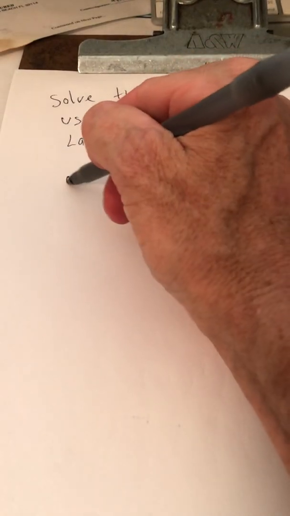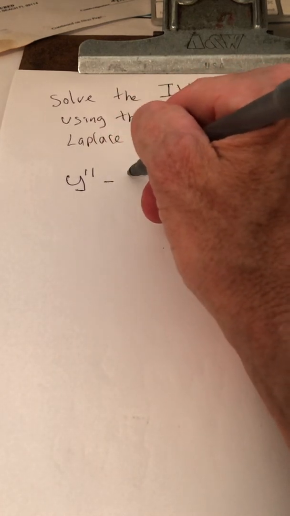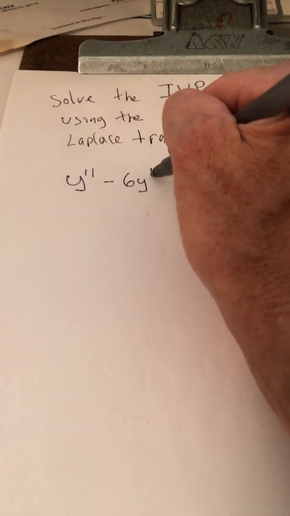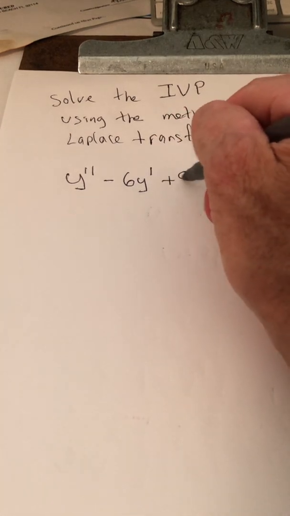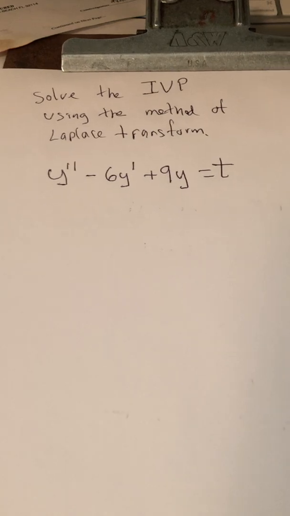We have y double prime minus 6y prime plus 9y equals t. Y of 0 is equal to 0. Y prime of 0 is equal to 1.